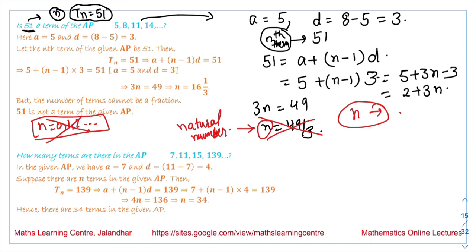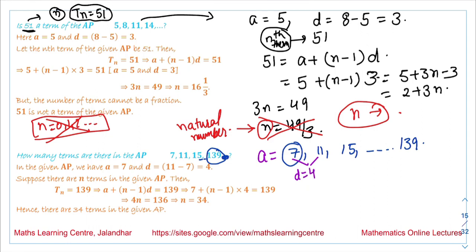Now the next question is, how many terms are there in this AP? This question is in this form: 7, 11, 15 and so on up to 139. If 139 is the last term over here, then we have to calculate how many terms there are. This is the value of a we have. When we subtract these two, we get d is equal to 4.